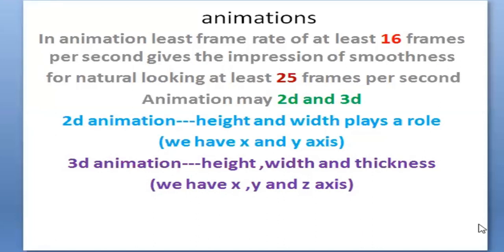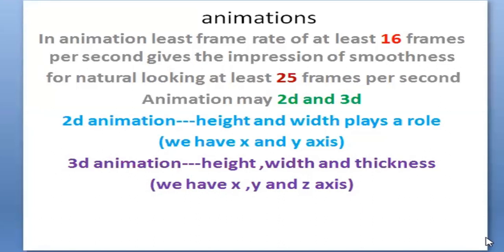The movement of that image along its path is calculated from its defining coordinates. In animation, a frame rate of at least 16 frames per second gives the impression of smoothness, and for natural looking motion, at least 25 frames per second.